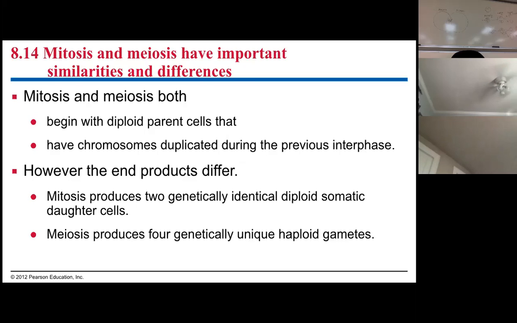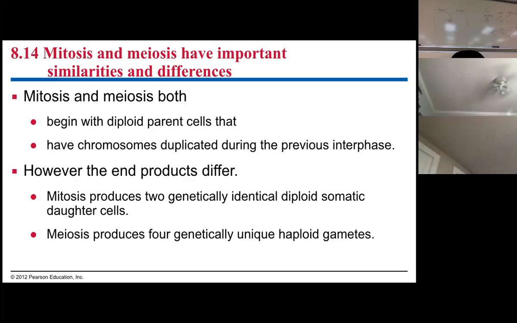Okay, so a diploid cell for chromosome 1 has a homologous chromosome pair. For chromosome pair 2, it has a homologous pair of chromosomes. For 3, it has a homologous pair of chromosomes. So it has both parts of the homologous chromosome pair. Are these homologous chromosomes identical in what information they hold?